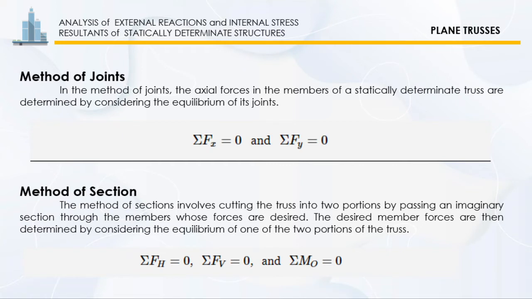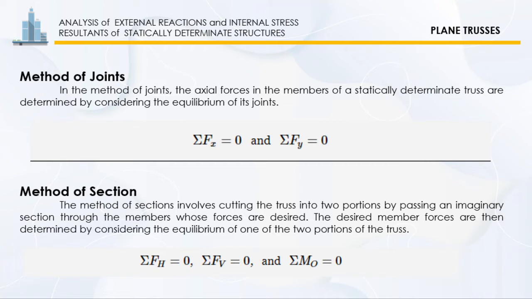The method of joints consists of selecting a joint with no more than two unknown forces acting on it and applying the two equilibrium equations to determine the unknown forces. So the procedure may be repeated until all the desired forces have been obtained.